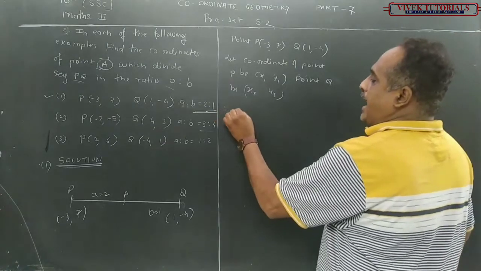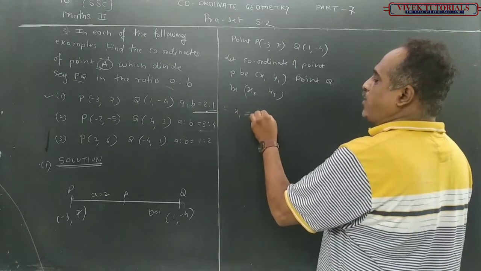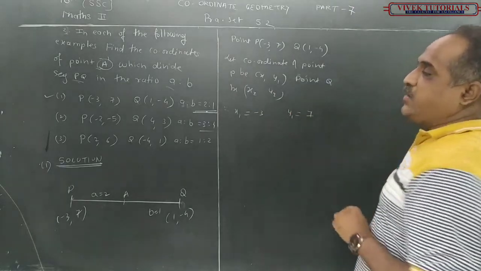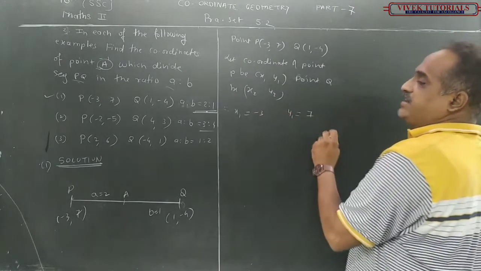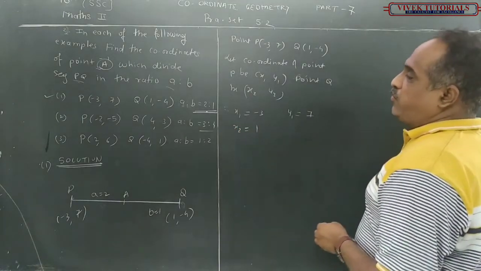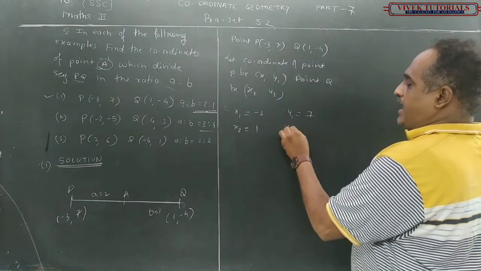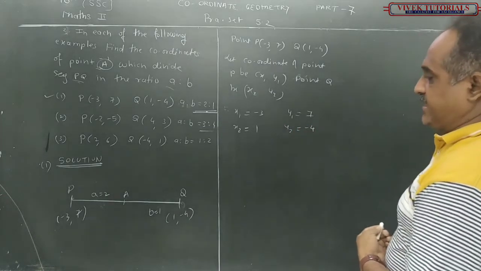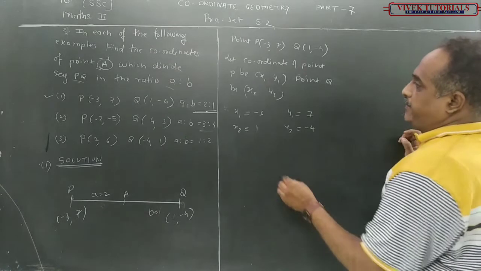Therefore, I can write x1 is equal to -3, y1 is equal to 7, x2 is equal to 1, and y2 is equal to -4. Is it right? Got it?